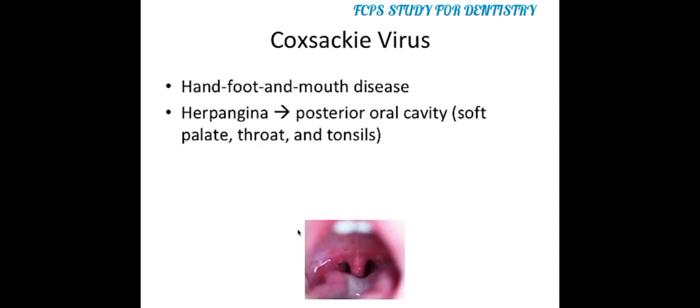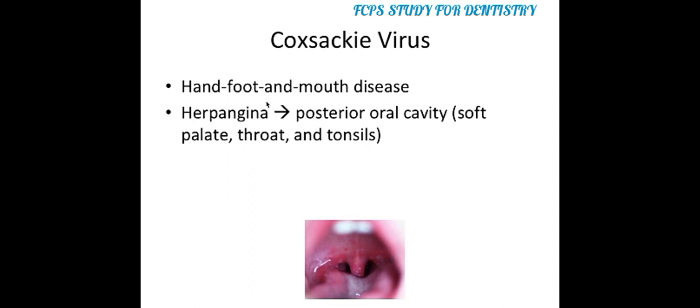The Coxsackie virus is not a herpes virus, although it may almost sound like it is. It's not the herpes virus. This can result in hand, foot, and mouth disease, which easily enough affects the hand, the feet, and the mouth.